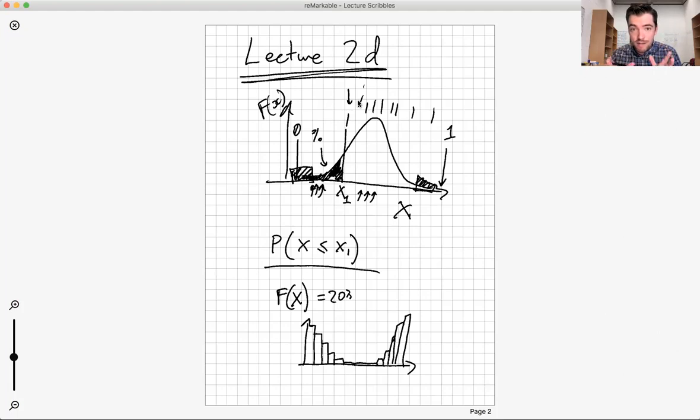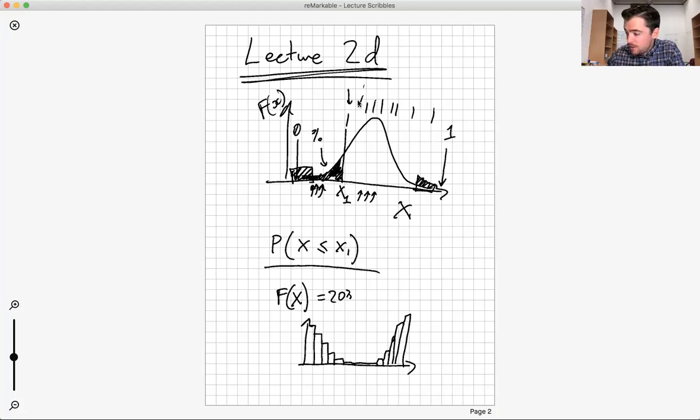I'm asking, what is the value of f of x at every value x? But the crucial point is this. If you have random draws, you are more likely to see observations around the peak of the distribution.